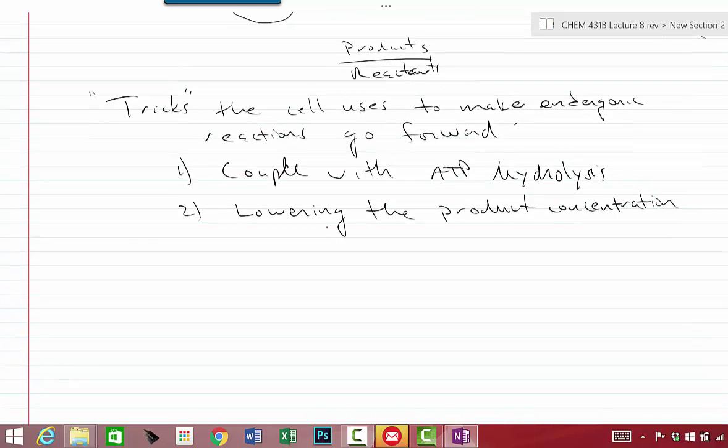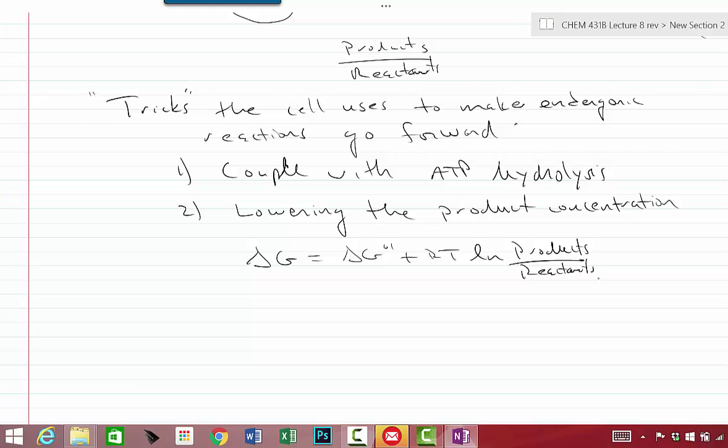It helps to understand the second concept. We look at the overall equation for delta G. So delta G is going to be equal to delta G under standard conditions plus RT ln, and we'll just say products over reactants.